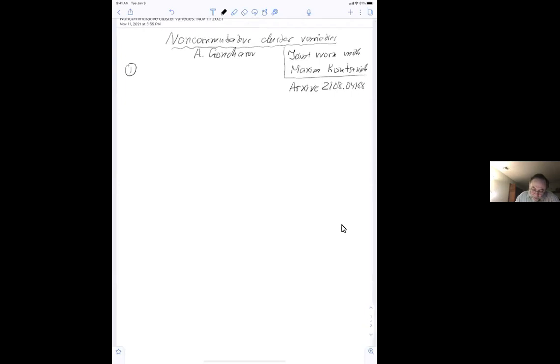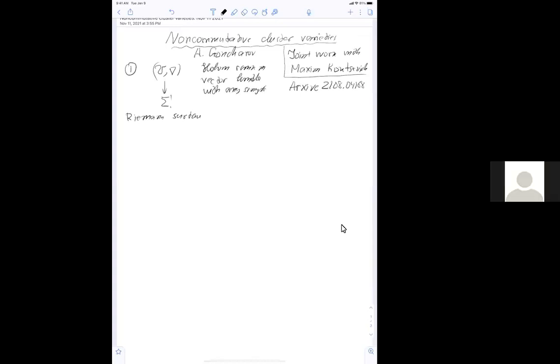Let's suppose that you have a holomorphic vector bundle over a Riemann surface. So this Sigma is a Riemann surface, and this is a holomorphic rank M vector bundle with singularities, singularities addressed to the connection.